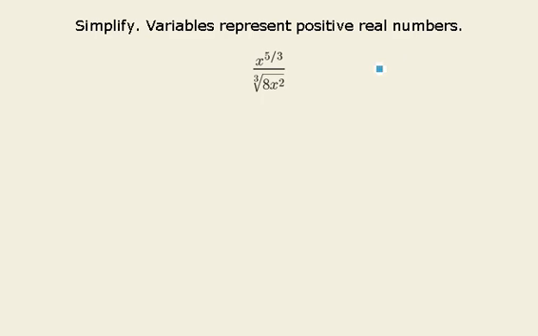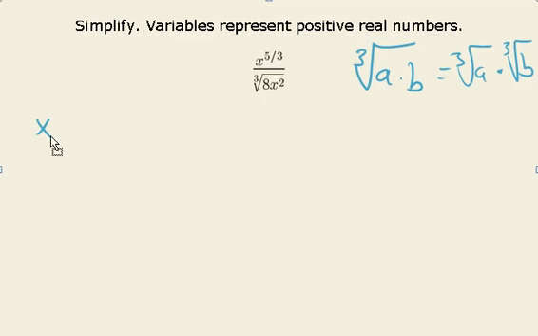Why don't we rewrite this cube root a little bit first. Recall that if I have a root of a product, I could just as well take the root of the first piece of the product and the root of the second piece of the product and then multiply those results. So we can do that here.